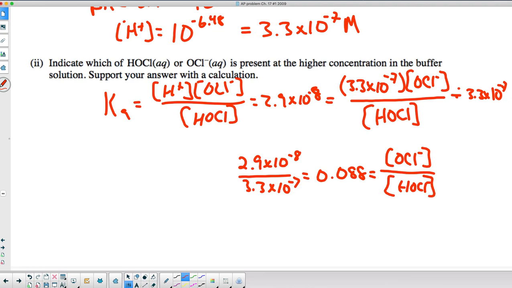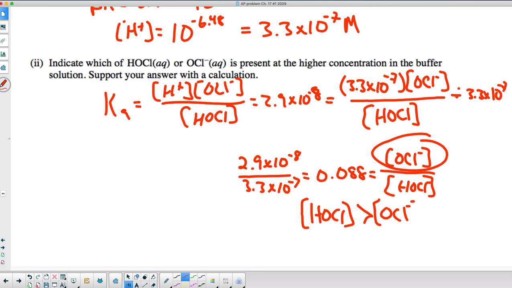That's less than 1, so the numerator is less, which means the concentration of HOCl is greater than the concentration of OCl minus.